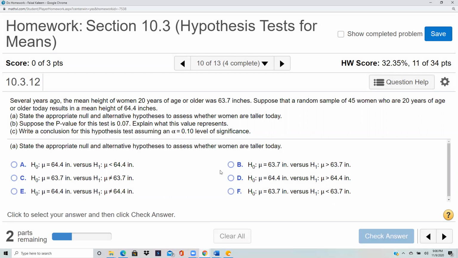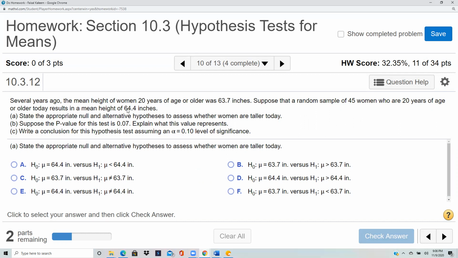Several years ago, the mean height of women 20 or older was 63.7. Suppose a random sample of 45 women today results in a mean height of 64.4 inches. Several years ago it was 63.7, so this is the value you will use in hypothesis testing.